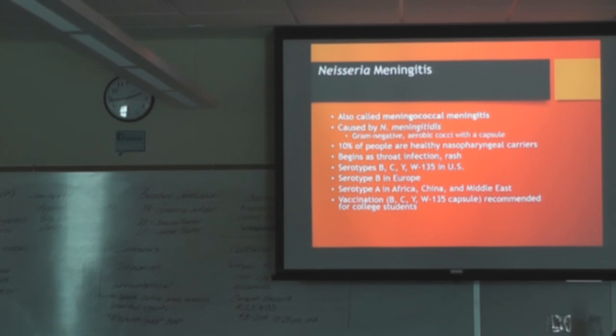If you break down those groups, group A is associated with pandemics. B and C are found most likely in the United States, with B being community acquired. Y is meningococcal pneumonia, and W135 is invasive disease.